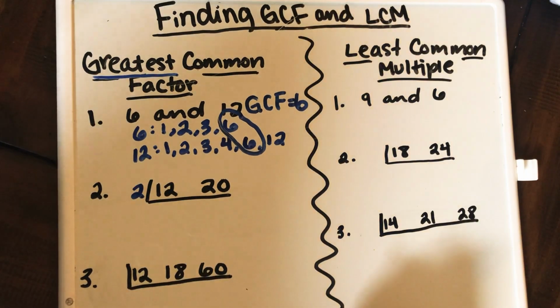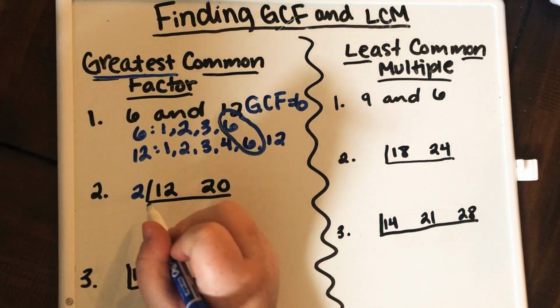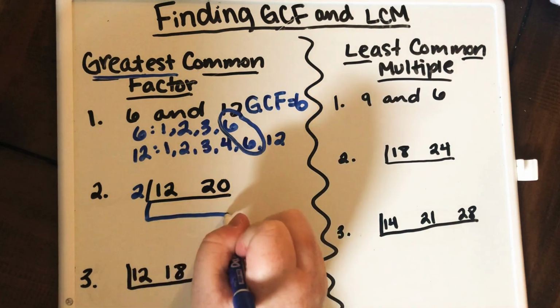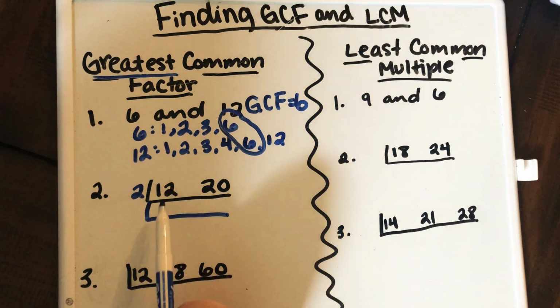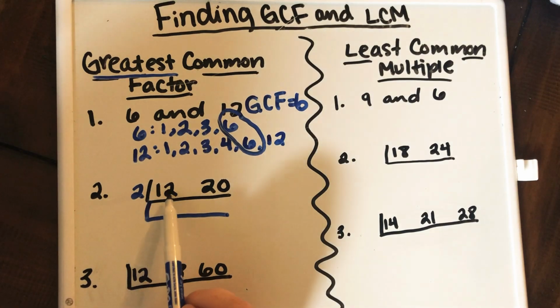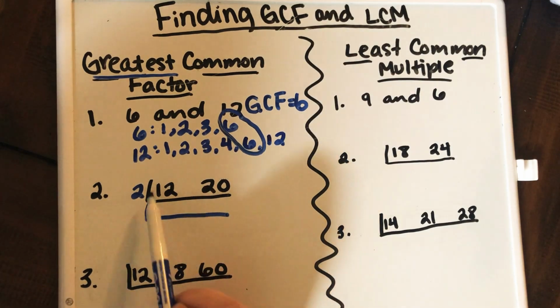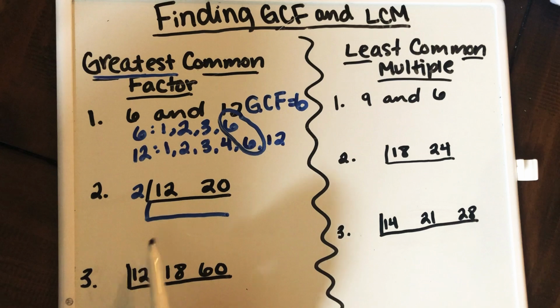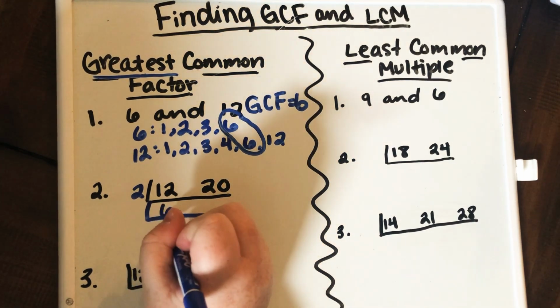So I'm going to put a 2 right there on the side, and then I'm going to bring my ladder down. So our next step is you're actually going to divide the 2 numbers in your ladder by that factor. So 12 divided by 2 is 6.